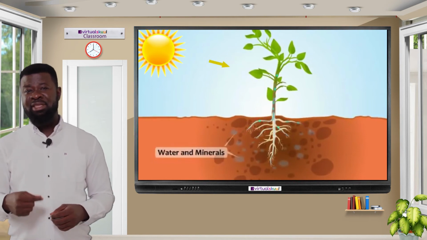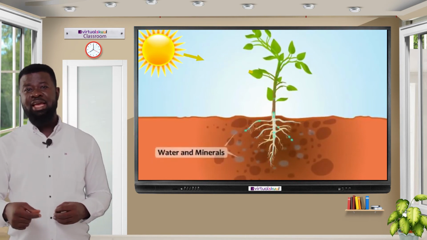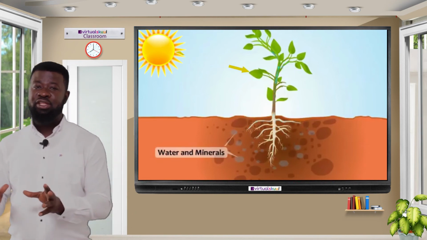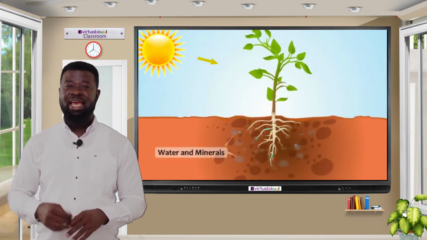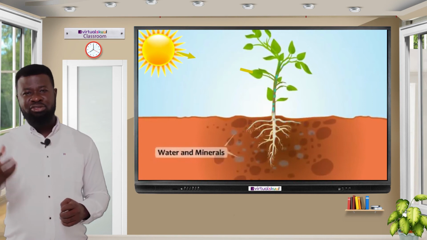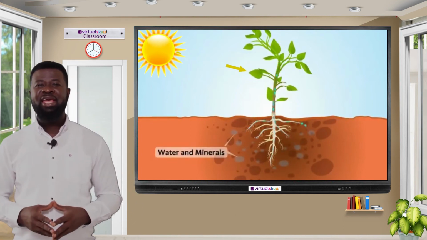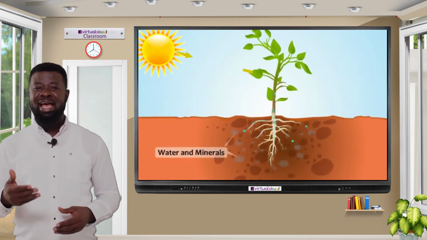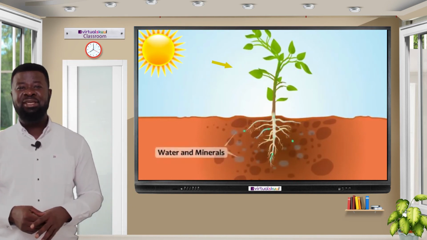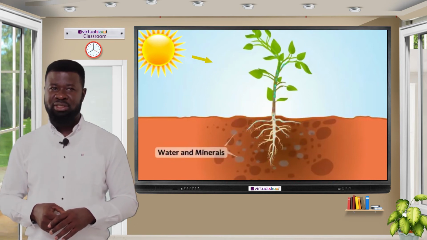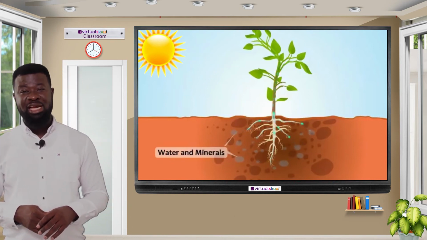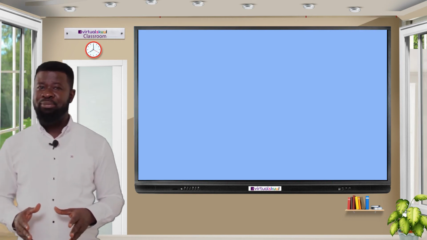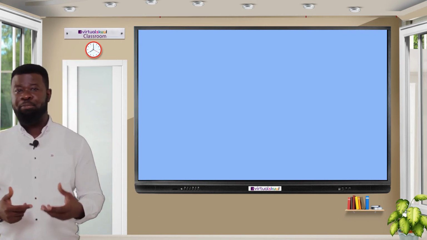The stem then moves the water and the food nutrients into the leaves of the plant, and the leaves also attract sunlight to prepare the food, which it shares to the parts of the body as they are being carried by the stem once again. On that note, we come to the end of the life processes of plants and animals.